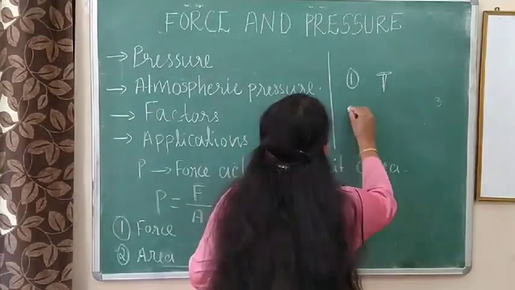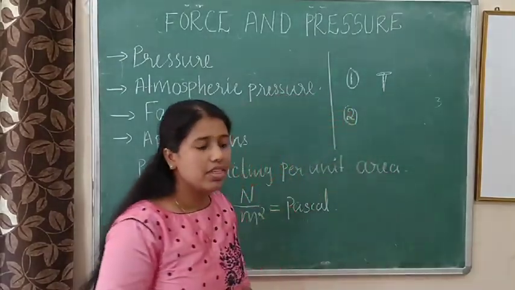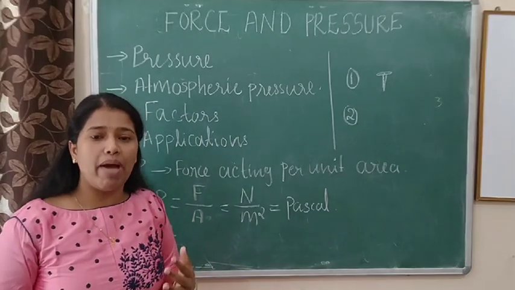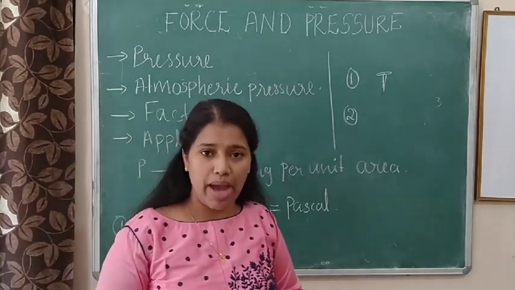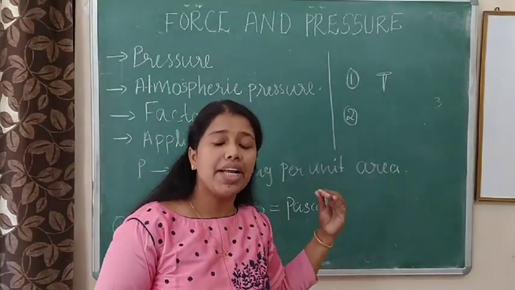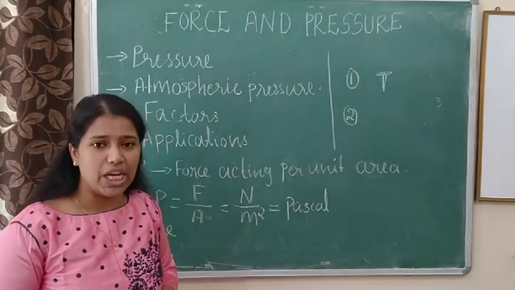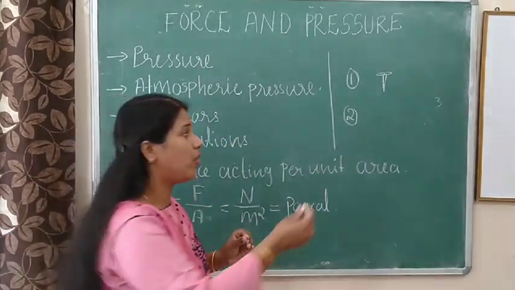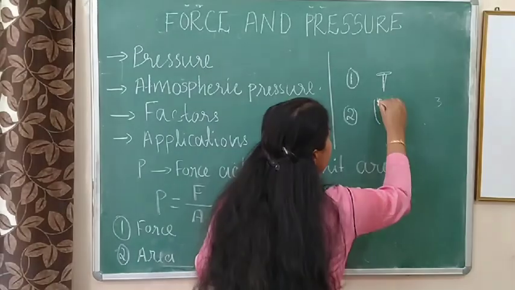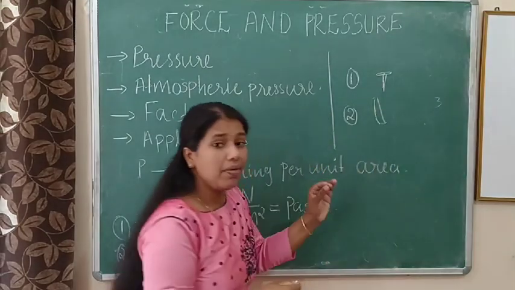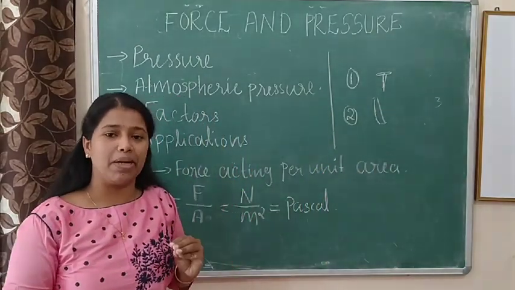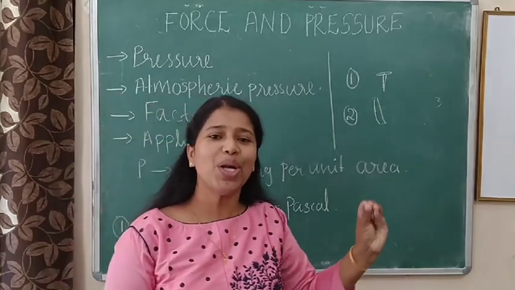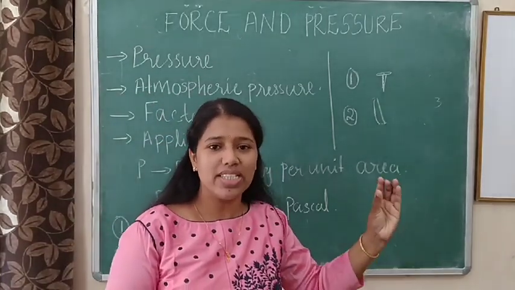The second one is the school bag. All of us use a school bag with a wide strip on the back side. Why do we use a wide strip and not a small strip?